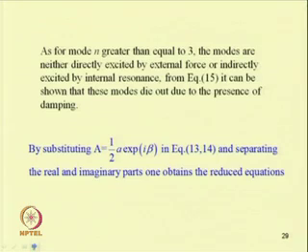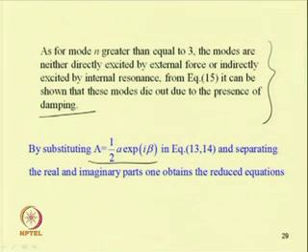As already told, for modes n greater than or equal to 3, the modes are neither directly excited by external force nor indirectly excited by internal resonance. So, from that equation it can be shown that these modes die out due to the presence of damping.